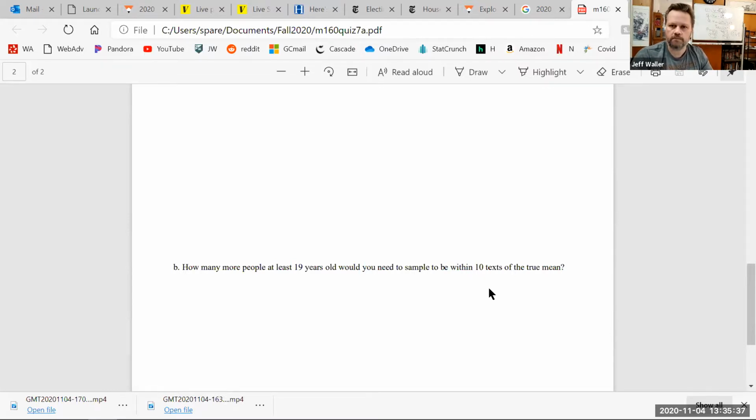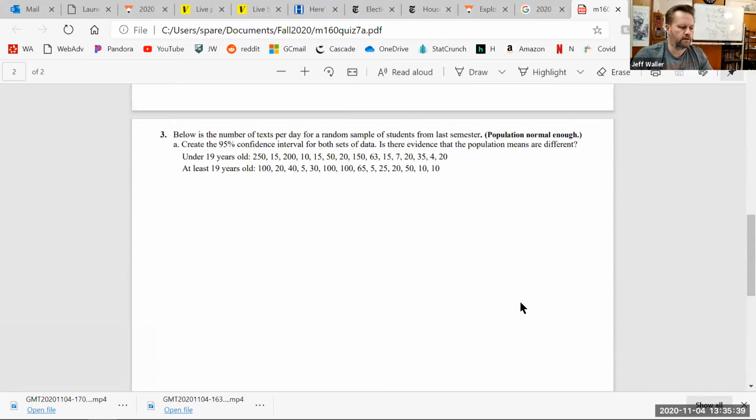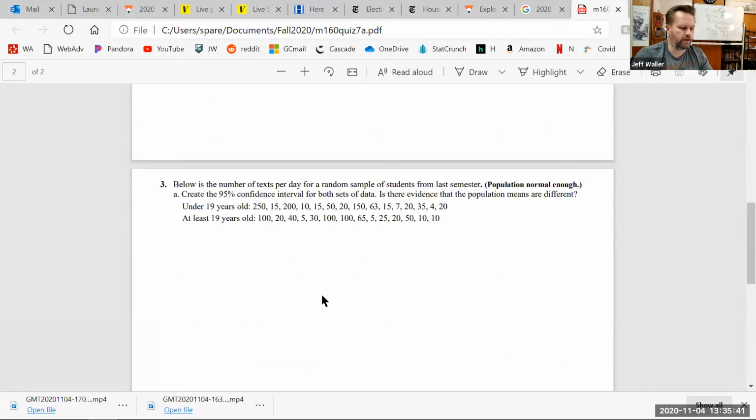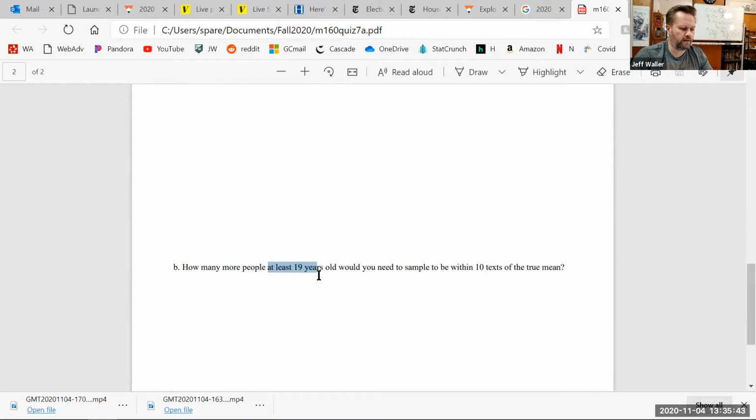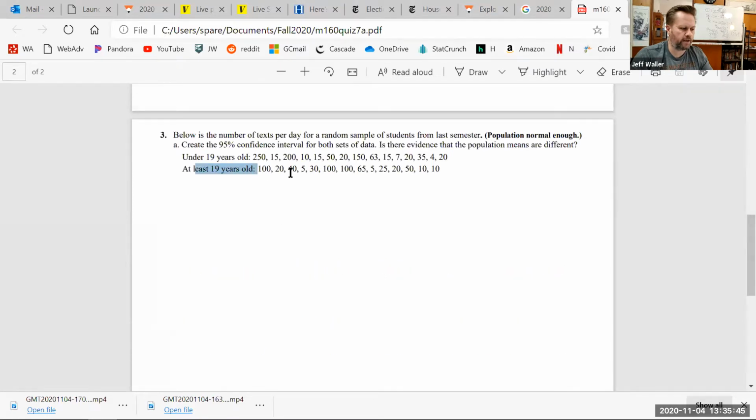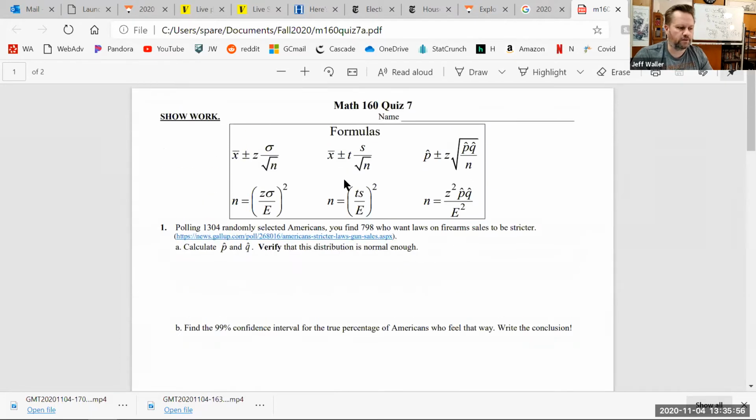So error is 10. Then you look back up here for the appropriate values. This one said at least 19, so I'd look back and get my s and my t for at least 19 up in this problem, and then I would throw it into that equation.